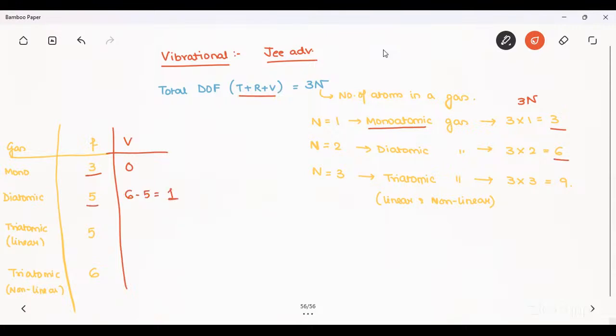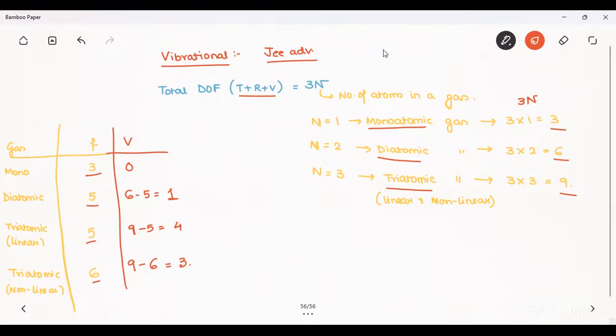Similarly, for triatomic linear, by considering everything, we got 9. But considering only translational and rotational, we got 5. So 9 minus 5 is 4. Here 9 is fixed, but for non-linear we are getting 6. So it is 3. So this chart is required only for JEE Advanced. Okay. Clear, everyone? Yes, ma'am.